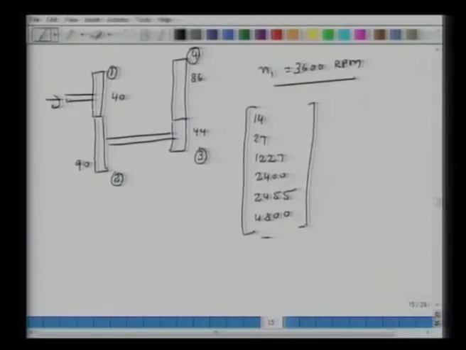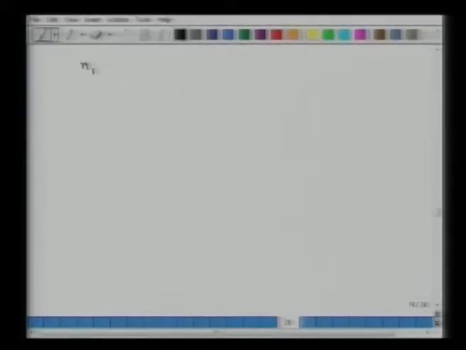So some possible explanations. What we do is we start computing different frequencies. N1 is 3600 RPM, right? N2 equals N3 is 3600 times 40 over 90, that gives me 1600 RPM.